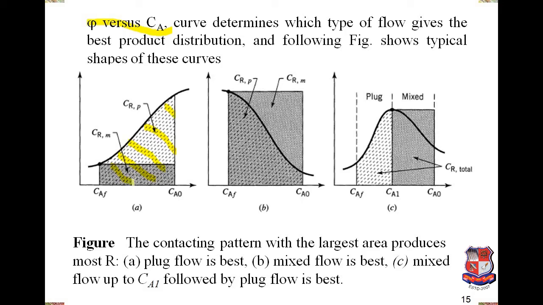You can see that this area is much larger, but if you choose only a CSTR, then it is going to be only this area. So definitely from this graph you can see that the area under the curve for the mixed flow reactor is less compared to the area under the curve for the PFR.